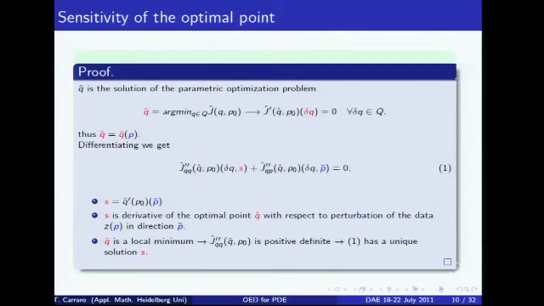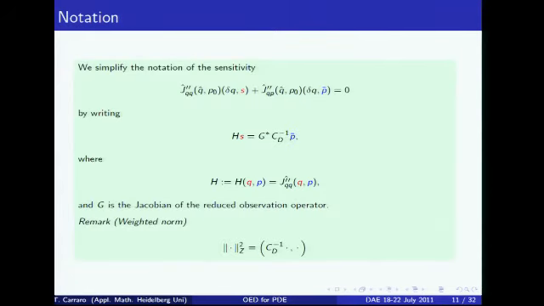So s is the derivative of the optimal point q hat with respect to the perturbation of the data z in direction p bar. q hat is a local minimum; this was the assumption. That means the Hessian is positive definite, and this problem has a solution. To simplify the notation, I write this sensitivity equation differently. The Hessian is now H, and G is the Jacobian of the reduced observation operator.